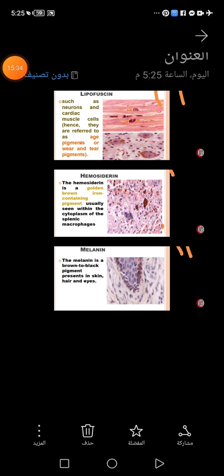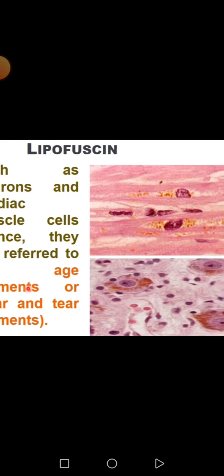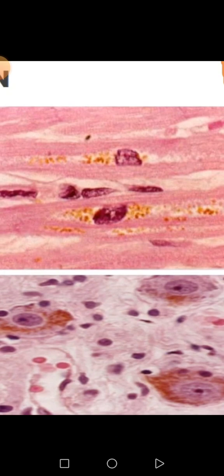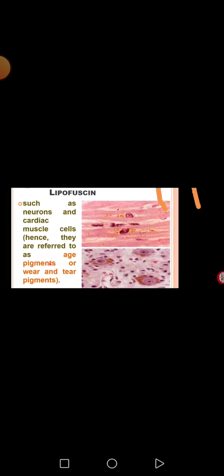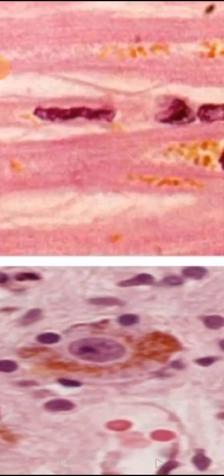Here are some extra slides that I wanted to show you. The pigment lipofuscin is found in cells such as neurons and cardiac muscle cells, hence they are referred to as age pigments or wear and tear pigments. As you see, those green-like substances are granules, called lipofuscin.